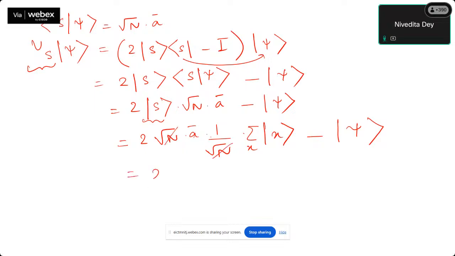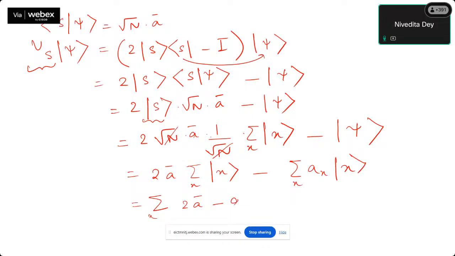So this is 2A bar into sigma ket x, and psi can also be written as ax ket x. So we can take sigma together and write it as sigma x (2A bar minus ax) times ket x. This is another sub part that we have seen.